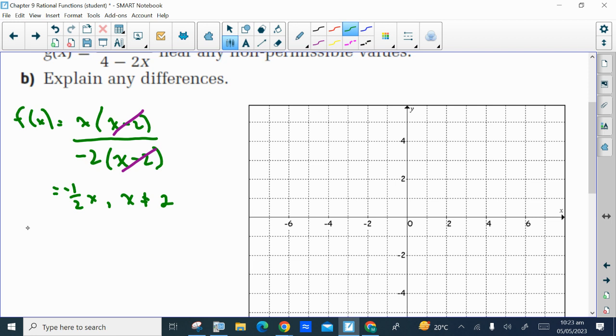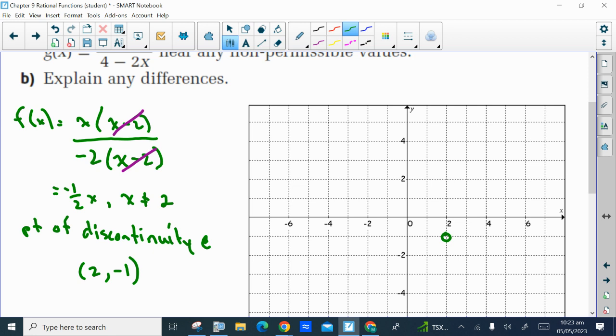So you're going to have a point of discontinuity at the point 2, comma, and our y value will be found by letting x equal 2 in the simplified expression. Negative a half times 2 is negative 1. So our point of discontinuity is at the point 2, negative 1.